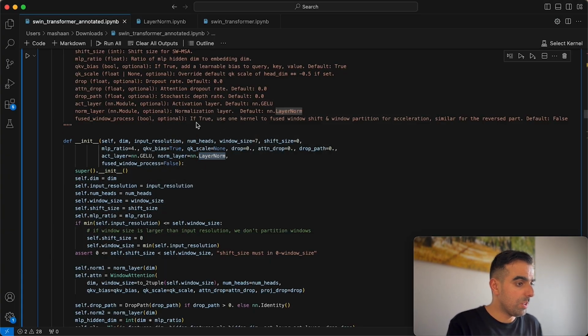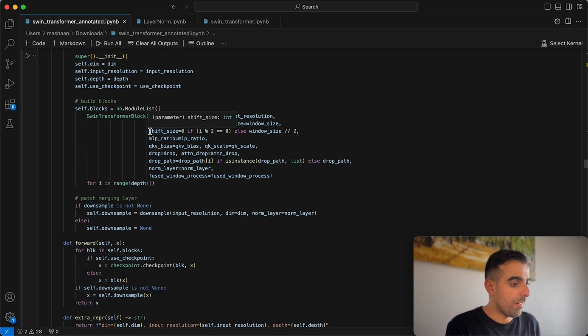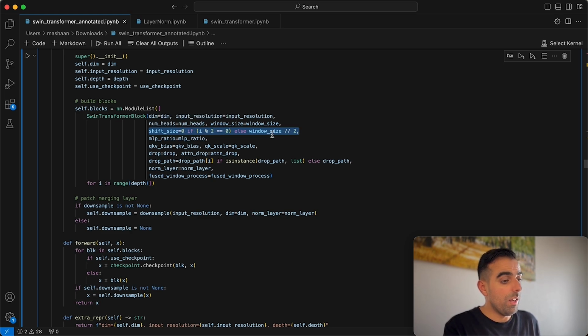So in the code here, shift size is 0 in the even transformer blocks, and it's 2 in the odd transformer blocks. So we are alternating between window multi-head self-attention and shifted window multi-head self-attention.